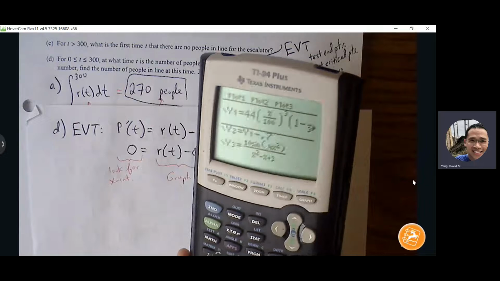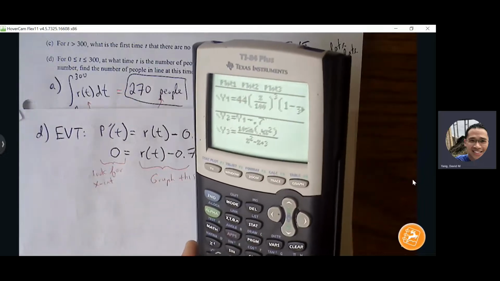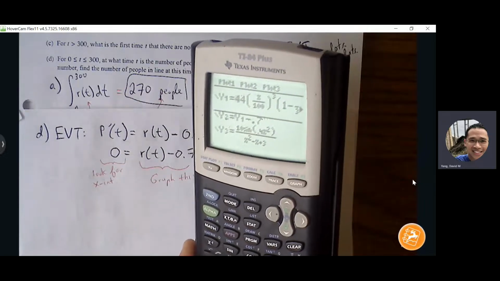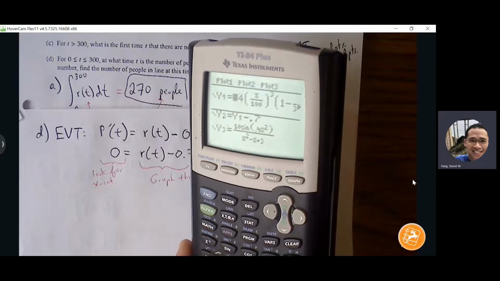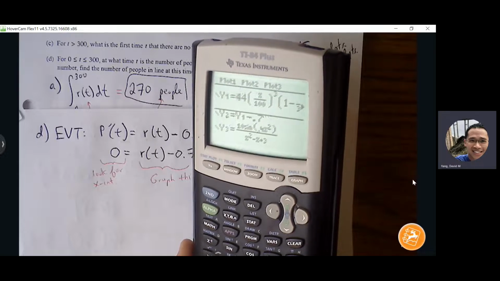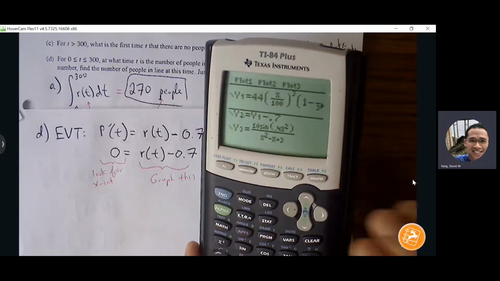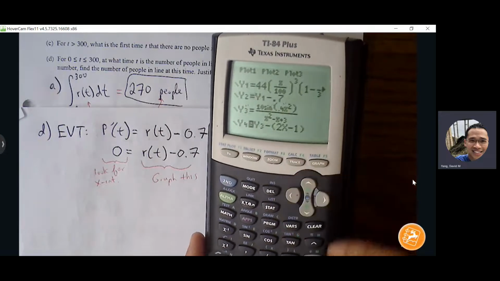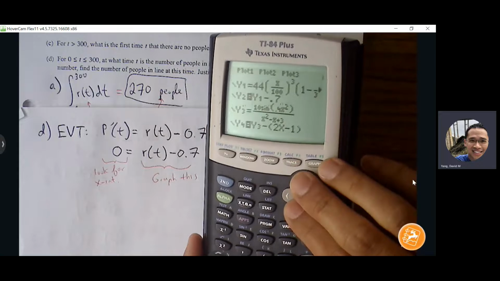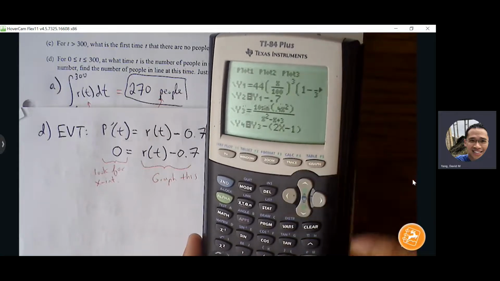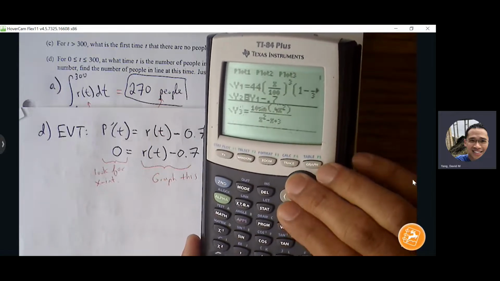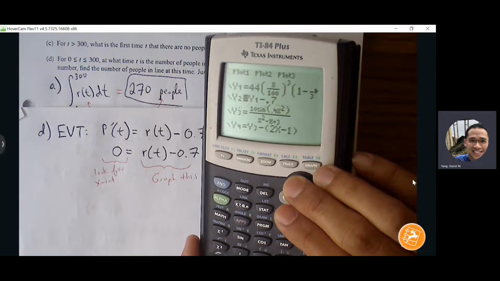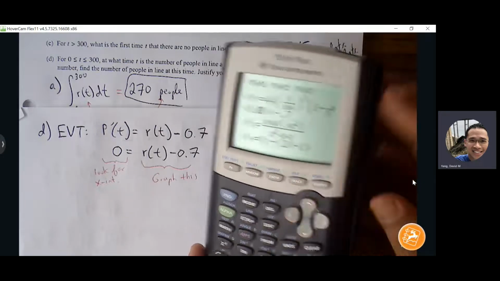I have it stored under y1, but in case I want to use it later, I'll leave that y1 alone. I just want to graph that y1 minus 0.7. So that R of t minus 0.7, I have it under y2, and I'm highlighting that function, and I'm unhighlighting everything else because I don't want to see all these graphs here. So I'm just going to graph that y1 minus 0.7 and see where that x-intercept is.